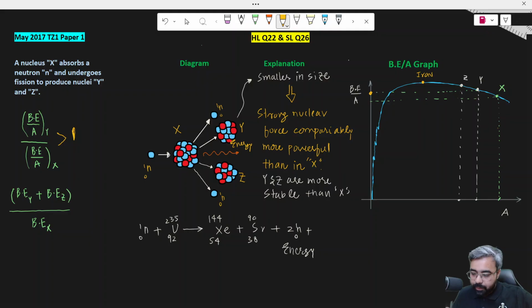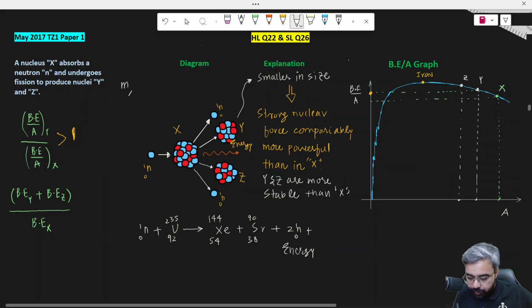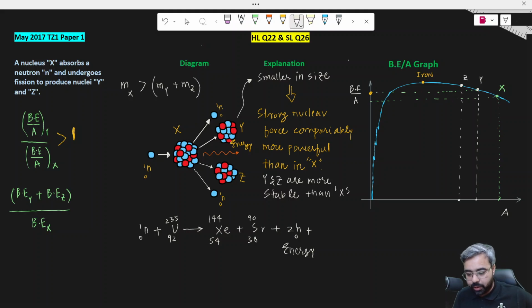It means that the mass of X is more than the combined mass of Y and Z. Remember, I'm talking about the nuclear mass of X being more than the sum of the nuclear masses of Y and Z, because the difference of that mass is converted into energy.